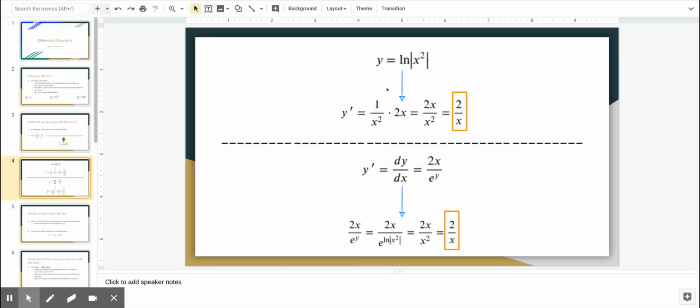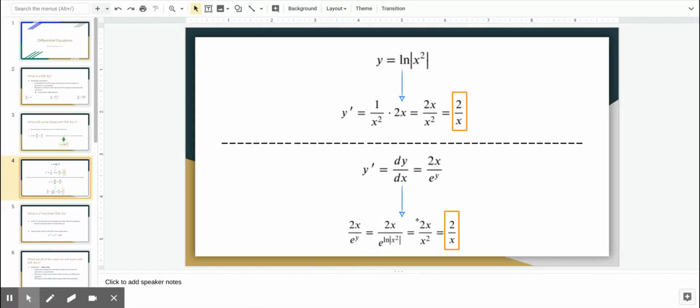What if you were to replace your y equals equation into this derivative for y itself? I know y equals the natural log of x squared. So what happens when I replace y with the natural log of x squared?